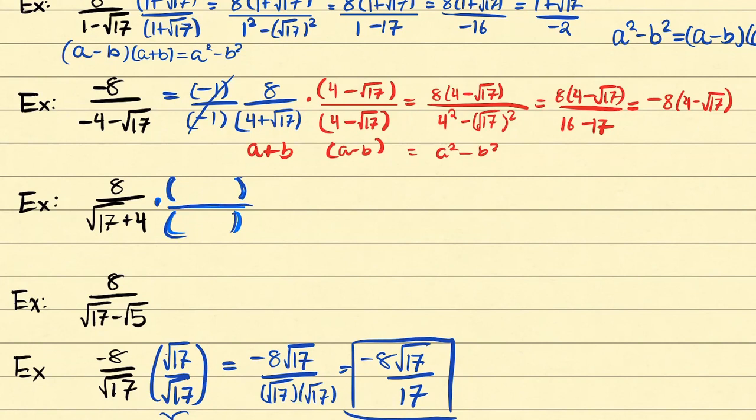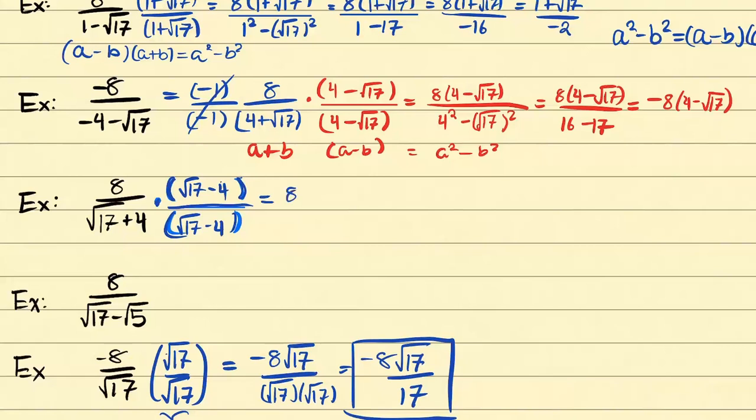So nothing has really changed. It's just that the root is now in front instead of the back. So let's do it. Since this is a plus b, we're going to multiply by a minus b. A minus b. Nothing really changes.